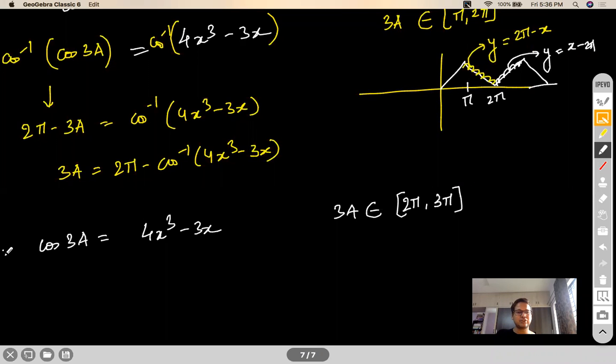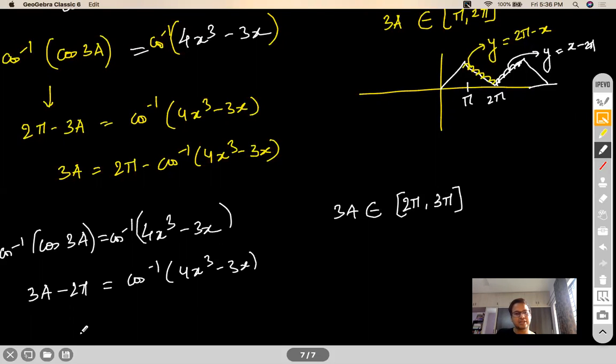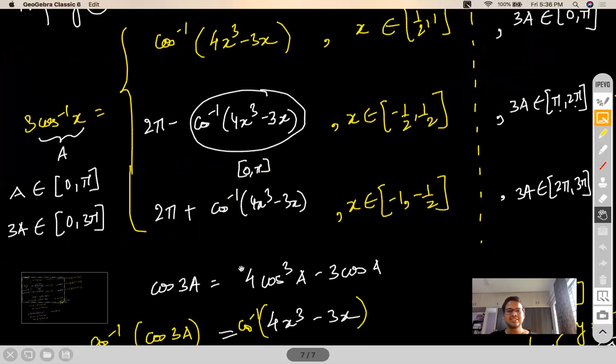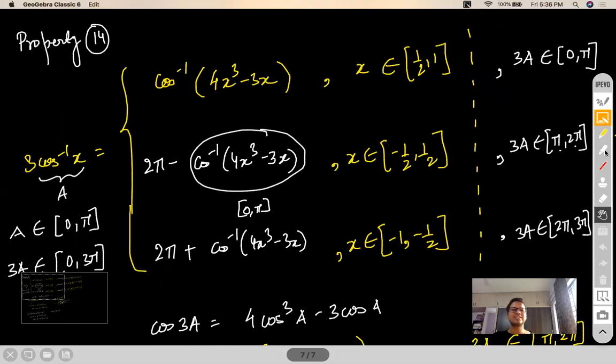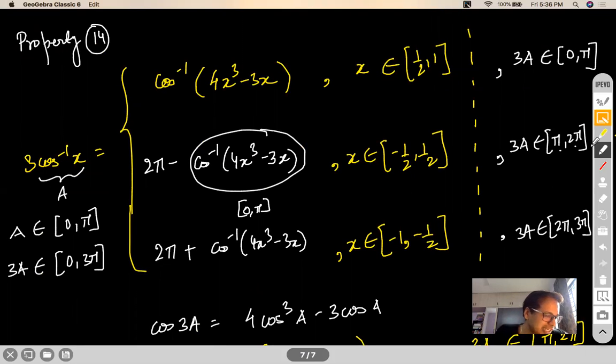So if you take cos inverse on both the sides, this output will be x minus 2 pi. So 3a will become 2 pi plus cos inverse of this. That's what I wrote over here. So this is how you can basically remember all the formulas. I've told you so many techniques to remember it. Whichever technique you are comfortable with, go ahead with it and solve your questions.